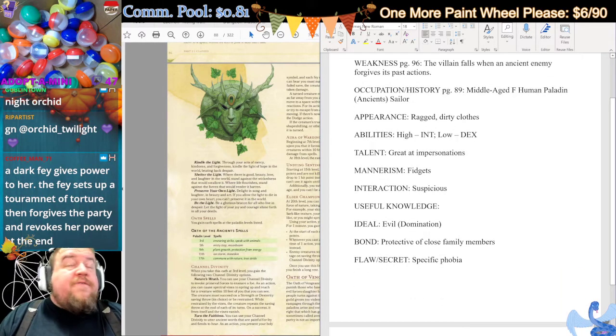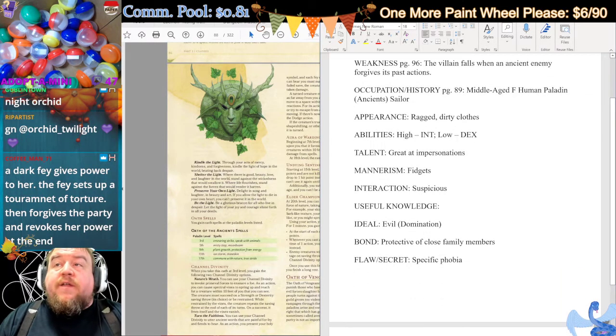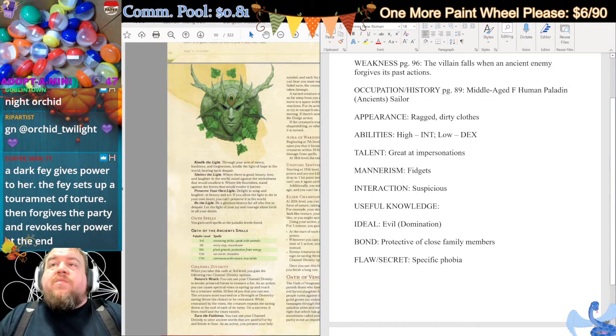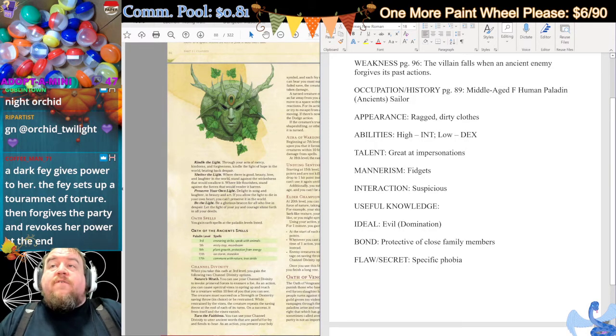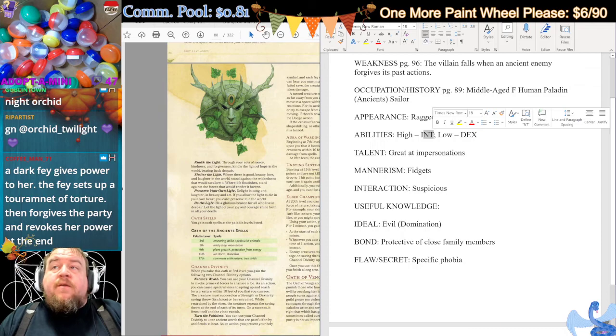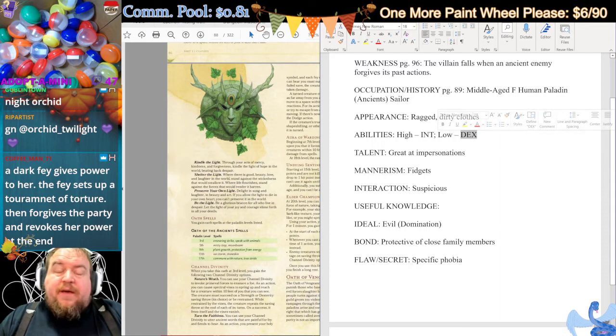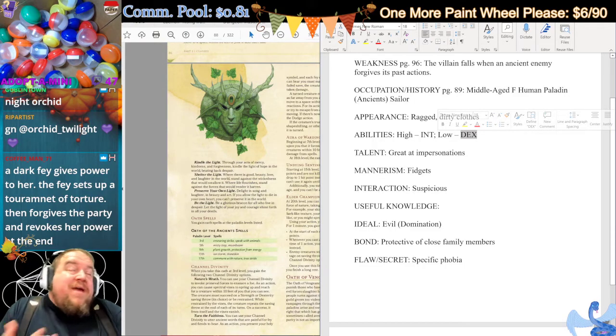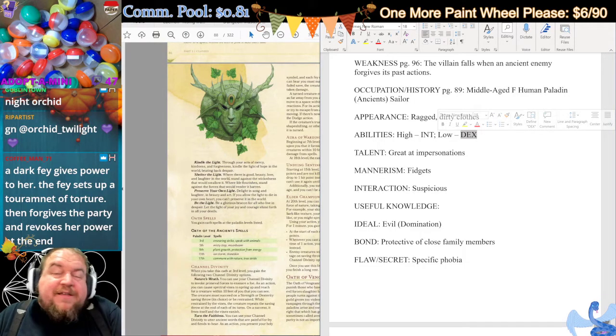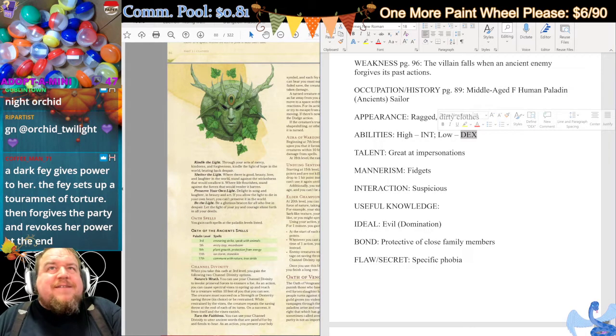And so she'll often appear in ragged or dirty clothes, though is great at impersonations, and that could play into the ragged, dirty clothes. We have a very intelligent woman, though, I mean, look, paladins obviously don't, they can. This is a joke. Many paladins that people make don't, because they're like, I'm in full armor, I don't need dex.